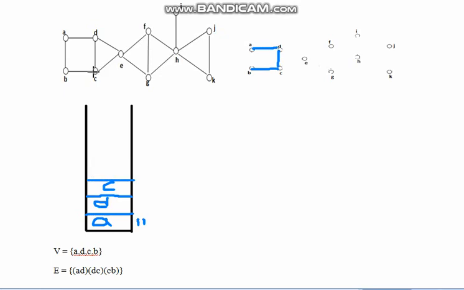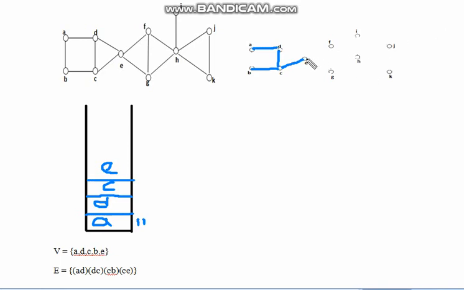From C I have D and E as adjacent neighbors, but D is visited and E is not visited, hence I am choosing C to E. Then I visit the new vertex E, add E to the visited vertex set, and the edge is C to E. Then from E I have two adjacent unvisited vertices, F and G. You can pick any one.